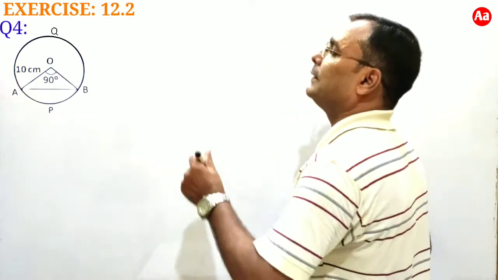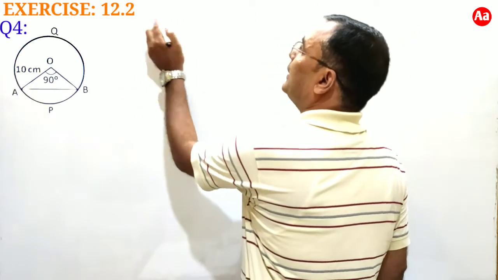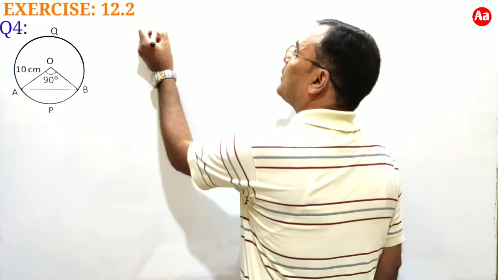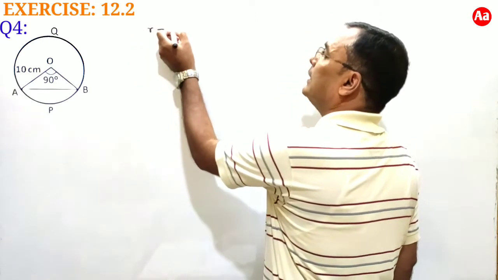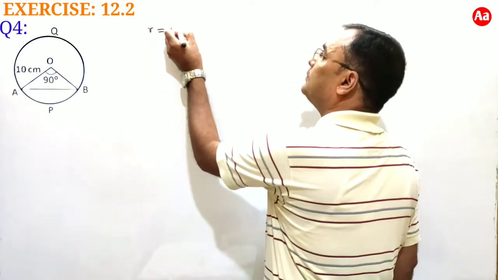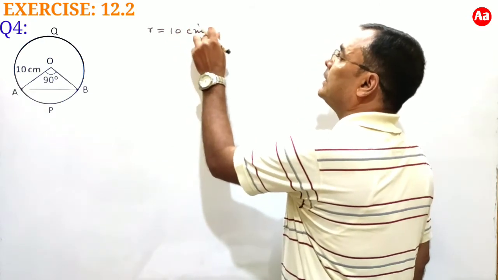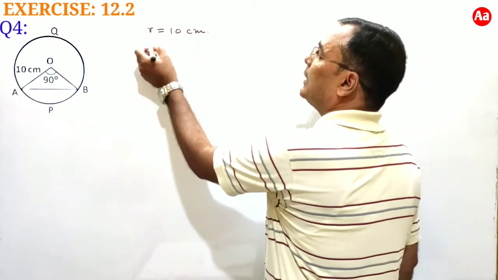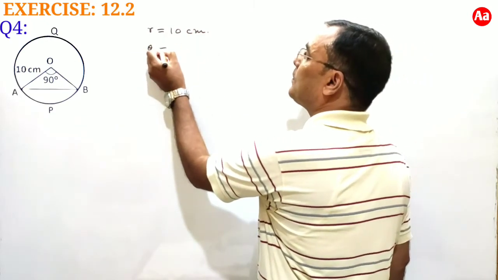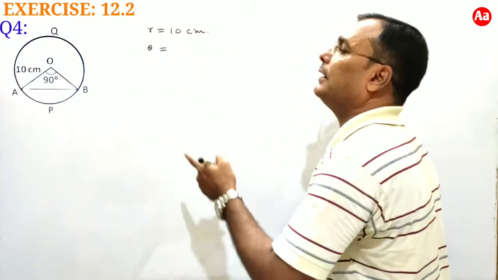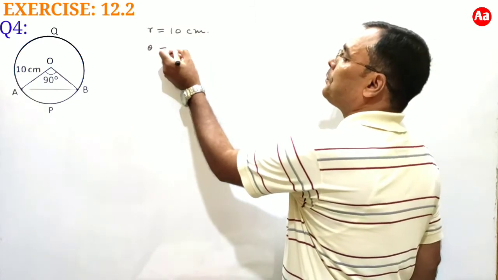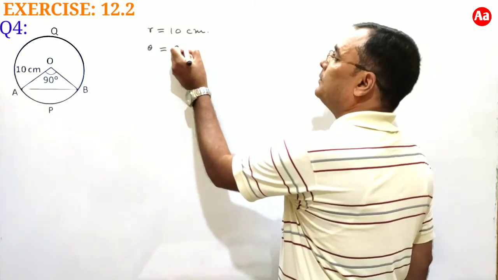So let's write the given radius, 10 centimeter, and chord AB subtends angle theta, that is the sector angle or segment angle, 90 degrees.